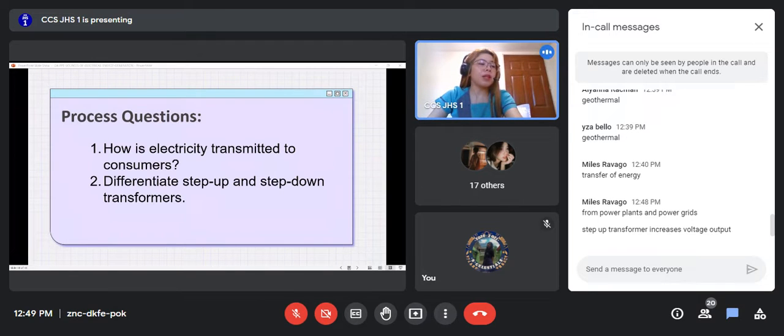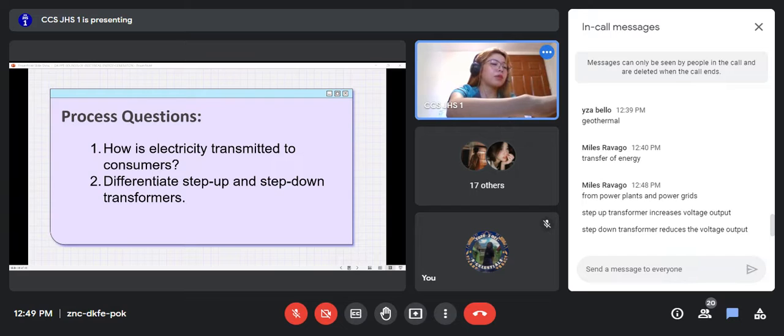From power plants and power grids, step-up transformer increases the voltage output. Okay, what about step-down? Okay, step-down transformer reduces or decreases the voltage output. Okay, that is correct. Let's proceed.